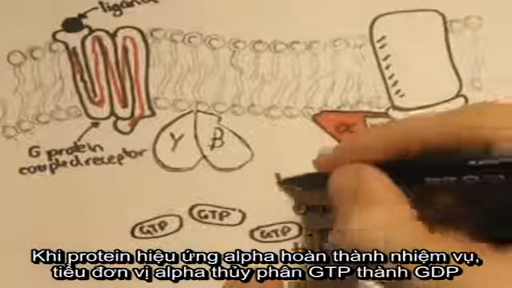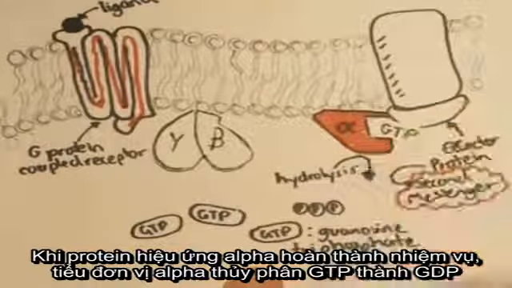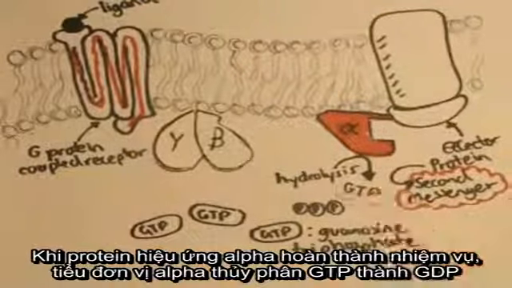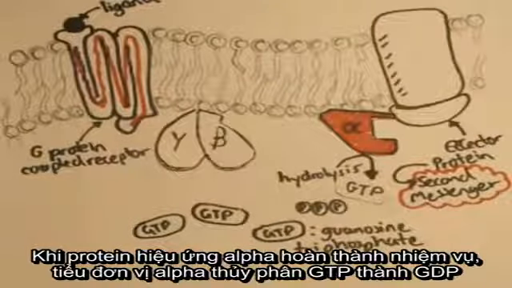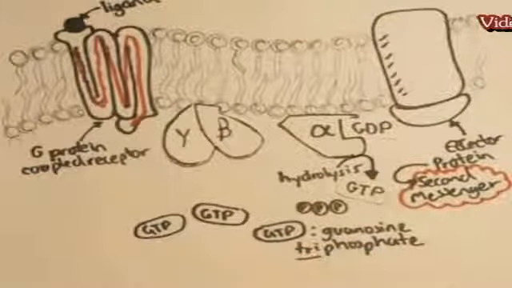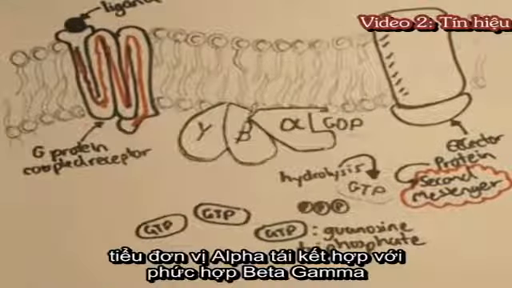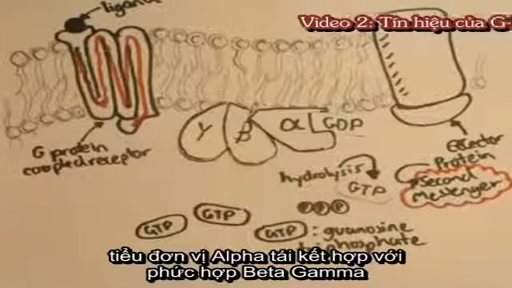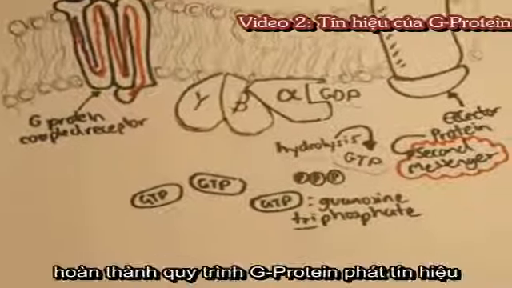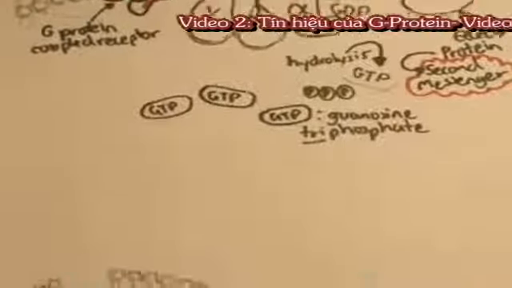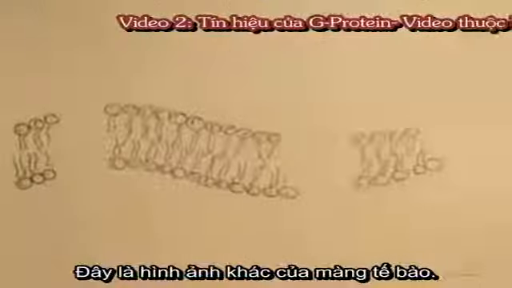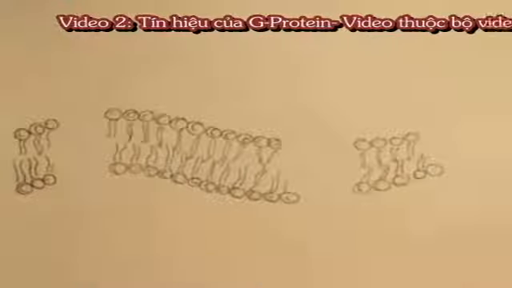Now, when the alpha subunit and effector protein finish what they're doing, the alpha subunit hydrolyzes GTP back into GDP. The alpha subunit then dissociates from the effector protein and reattaches to the beta-gamma complex, completing the G protein signaling process.